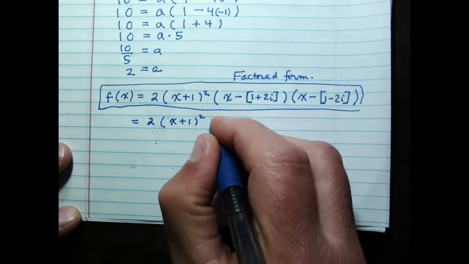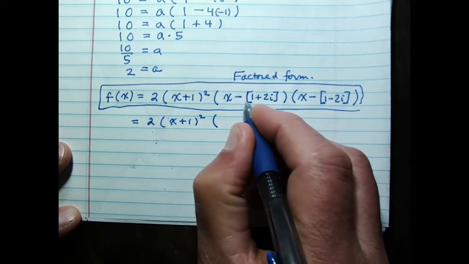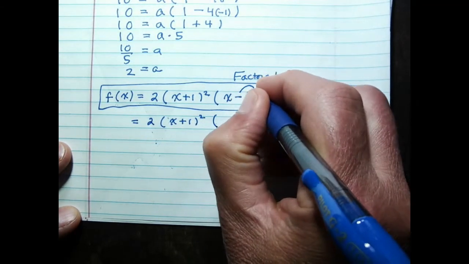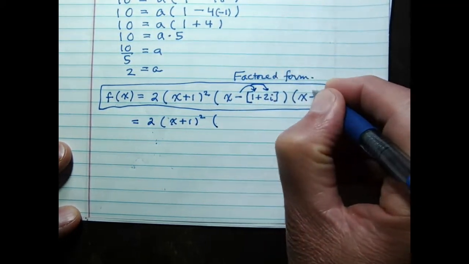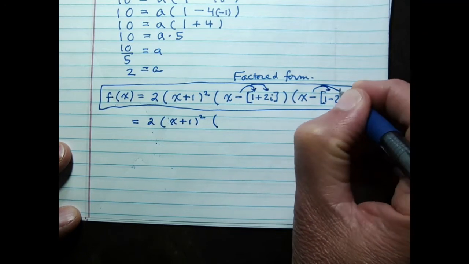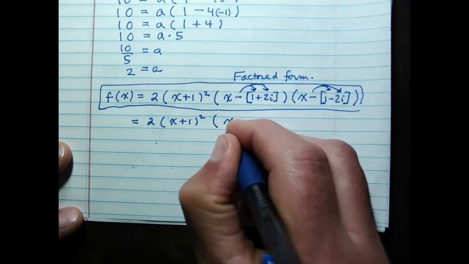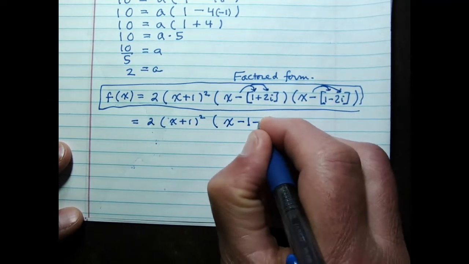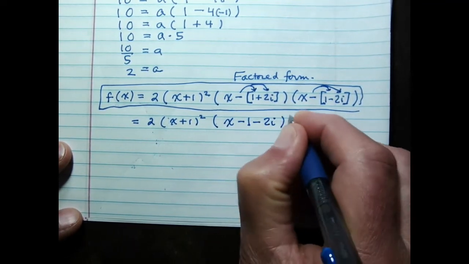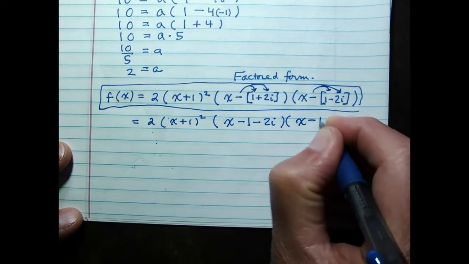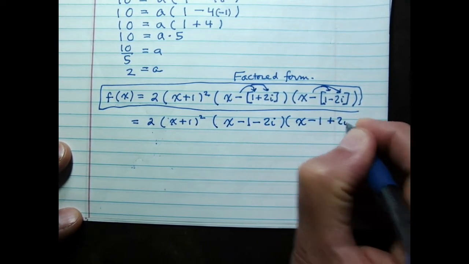Now, before I start multiplying, I'm actually going to distribute the minus signs here and here. There are a couple different ways you can approach it. You could treat it like a FOIL problem as is, but I'm going to do this: x minus 1 minus 2i, x minus 1, and then I get plus 2i.